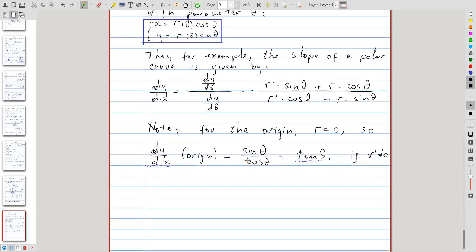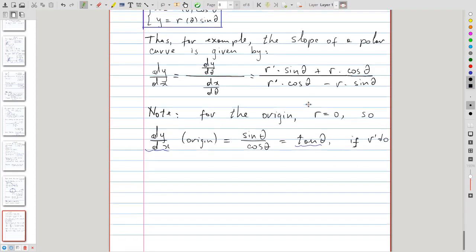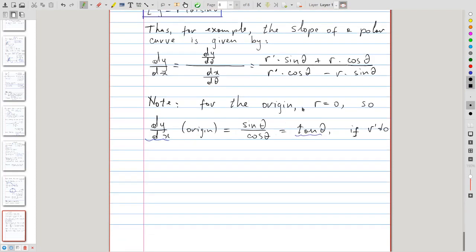And so using this expression for the derivative dx over d theta and dy over d theta, we can go ahead and derive the formula for arc length.